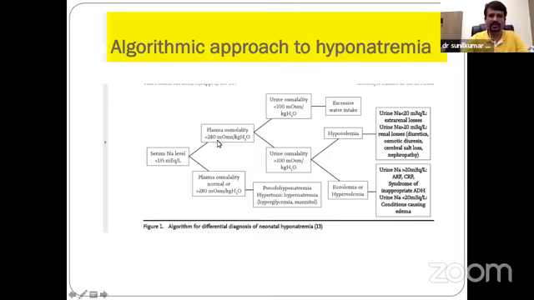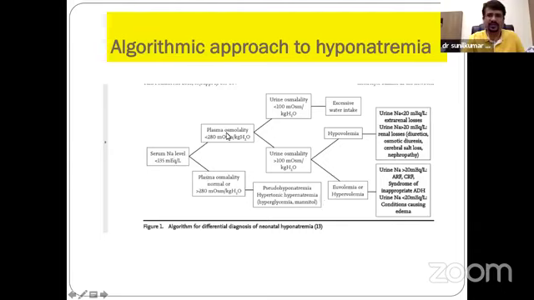If it is more than 280, there are some other osmotically active molecules like either hyperglycemia or mannitol. So that is pseudohyponatremia. So that way the algorithm goes once and it ends here.